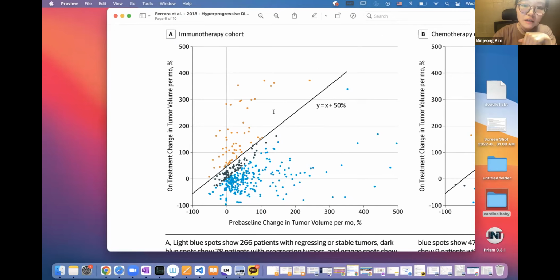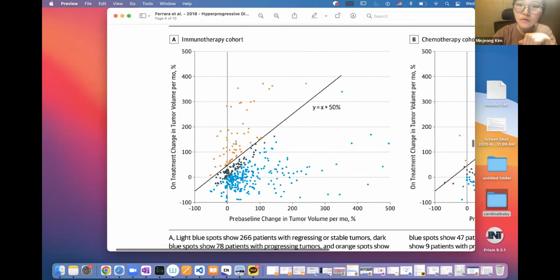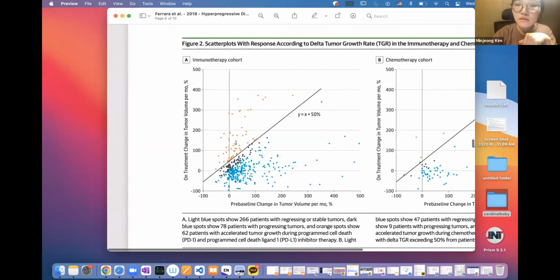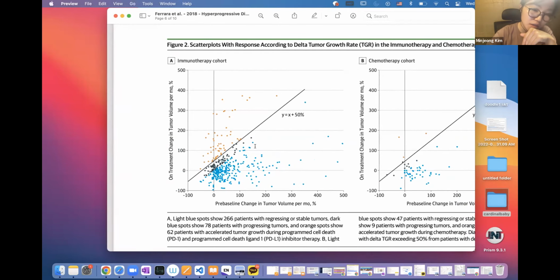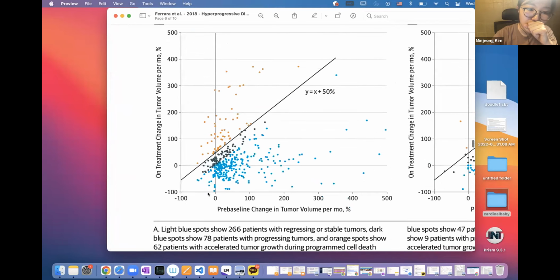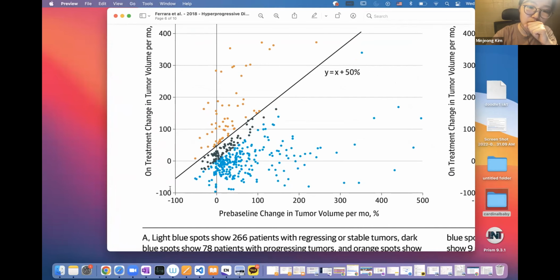They created a line that defines hyperprogressive disease, and all patients who are above this line, up here, were hyperprogressive disease patients, and all of the patients here had a shrinkage in the pre-baseline phase. So this is how they graphed it.